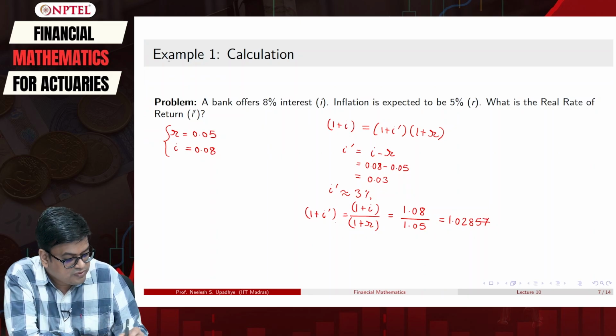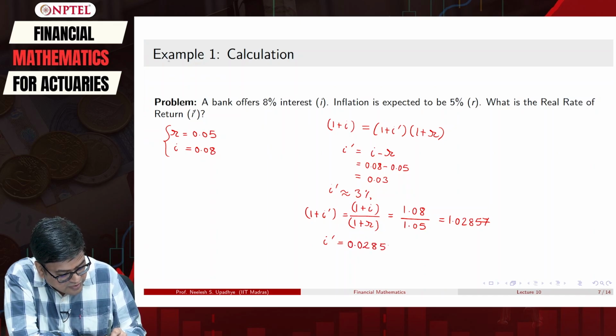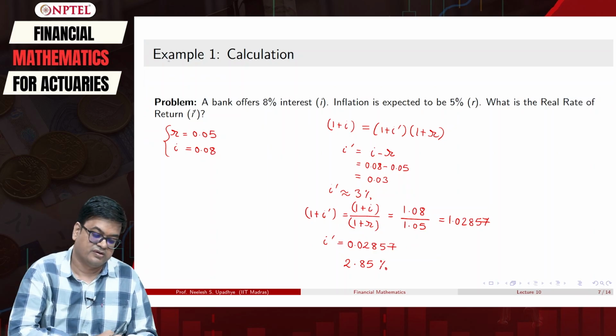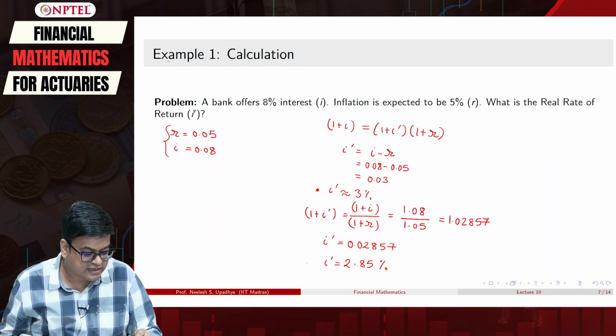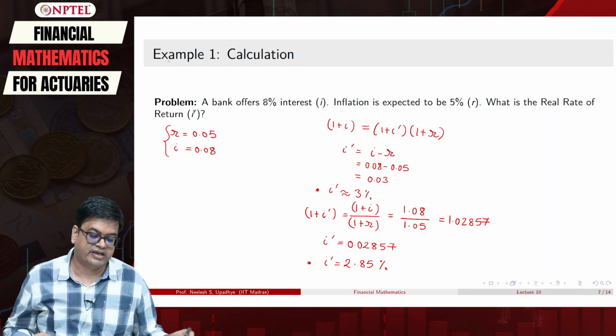Now to compute this I', I will subtract 1 from this and I will get the interest rate to be 0.02857, which essentially means it is 2.85%. What I got earlier as an approximation is 3%, and now when I compute it exactly, it is 2.85%.